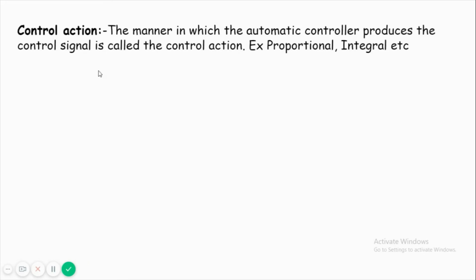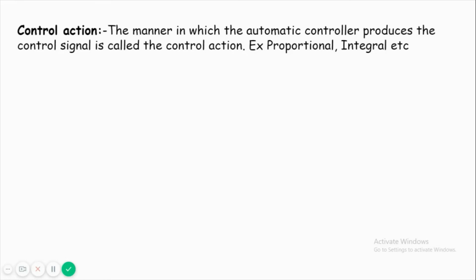See another definition, of control action. The manner in which the controller produces the control signal is called the control action. For example, if the controller is producing a control signal which is proportional to the error, then we call it a proportional controller.